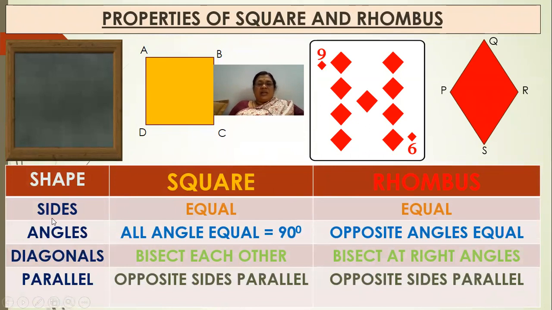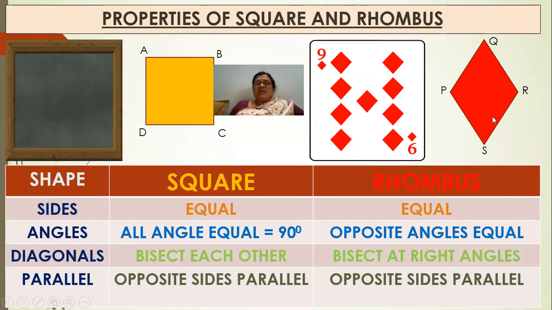Now regarding the sides. In a square, all sides are equal. In a rhombus also, all sides are equal. In a square, all angles will be equal, whereas in a rhombus, only the opposite angles will be equal. This angle and this angle, only the opposite angles will be equal. And in a square, the diagonals bisect each other.